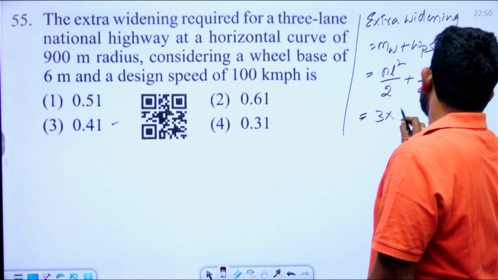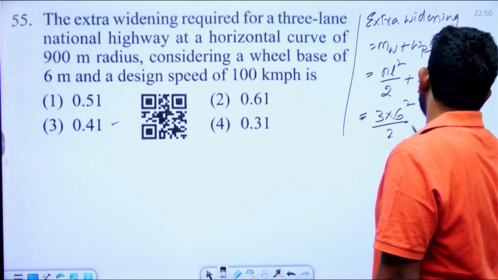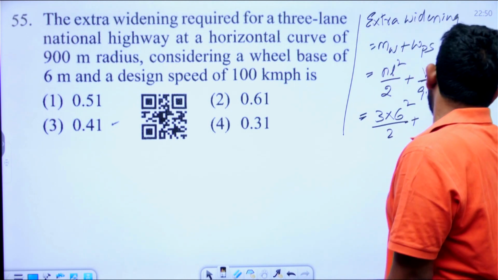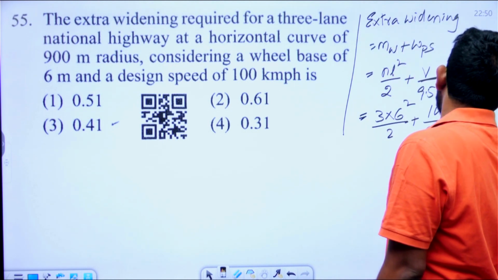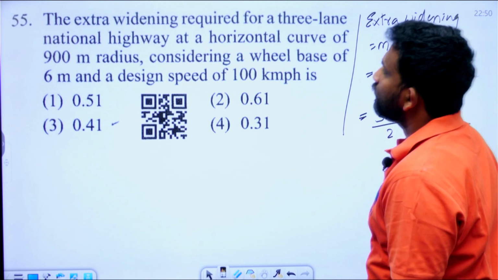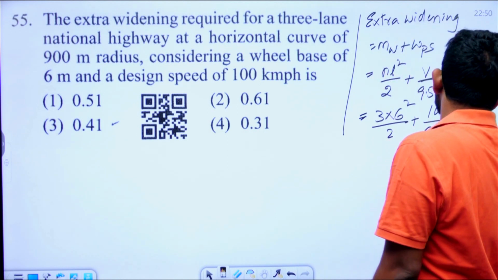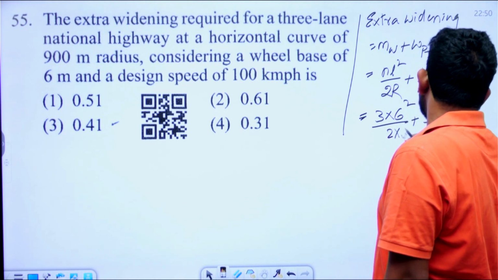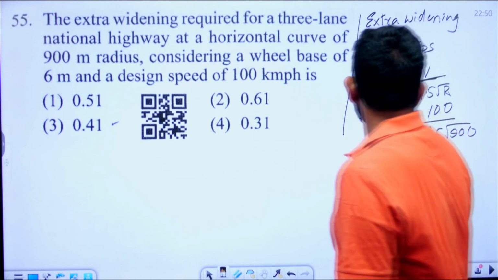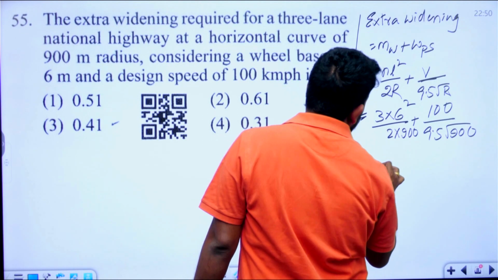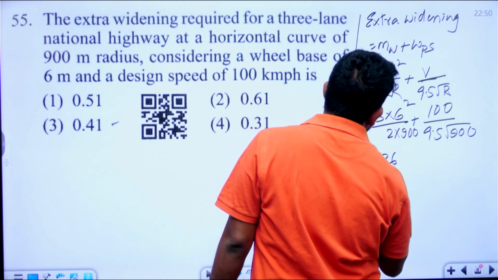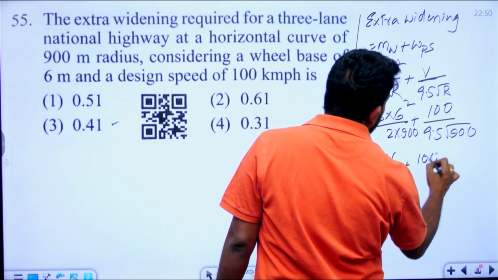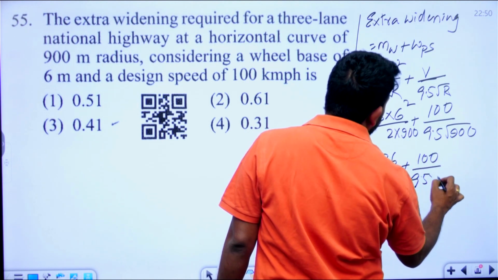N is the number of lanes here, so 3 lanes, with a wheelbase of 6 meters. The speed is given as 100 kmph, so 100 by 9.5 root 900. So that is nL squared upon 2R plus V by 9.5 root R. If you solve this, 3 into 36 upon 2 into 900 plus V by 9.5 times 30.